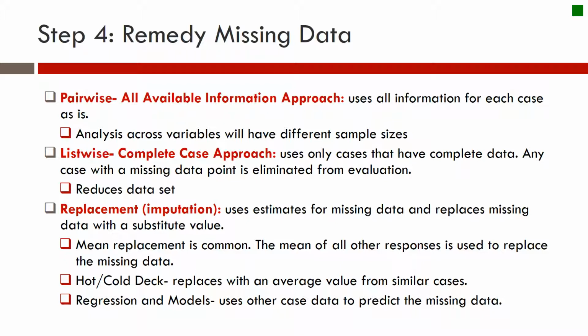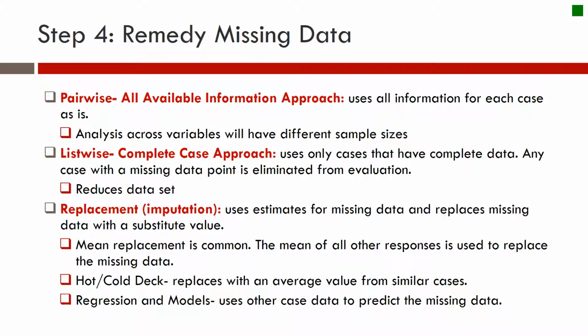Whoever is the closest respondent, like in other variables, we replace the missing data with the values from that respondent, who is most similar to the respondent who provided the missing data. Okay, so that's the hot and cold deck approach.